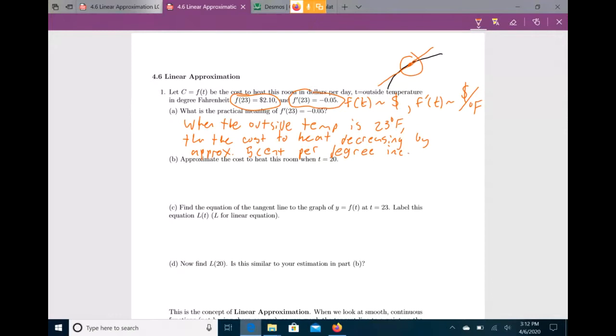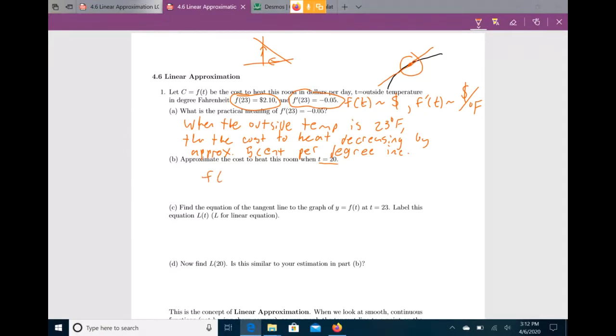But since I'm doing this for when the temperature is 20, which is less than 23, I'm moving to the left. So if I have a function that's decreasing, as I move to the left, the y value goes up, right?